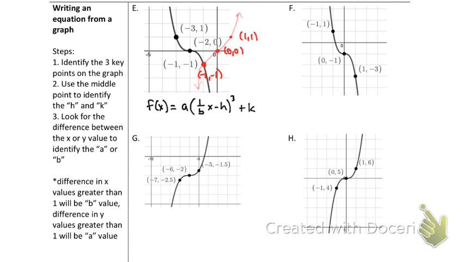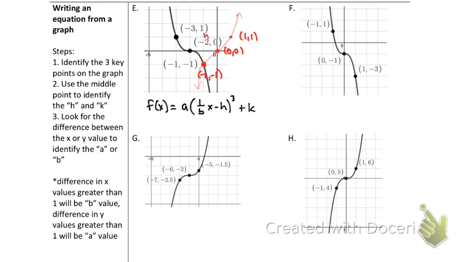The first step is pretty simple. If you look on these steps, we already know our 3 points. They're identified here. We want to use the middle point. In this case, it's -2, 0. And our middle point will give us our h and k. Okay?